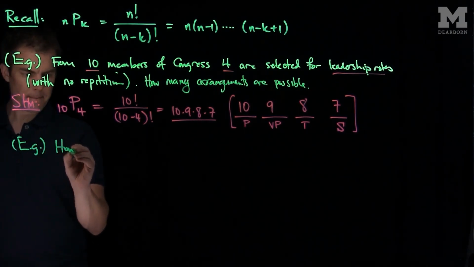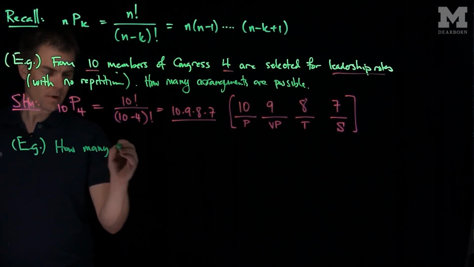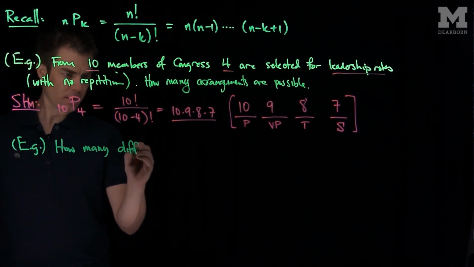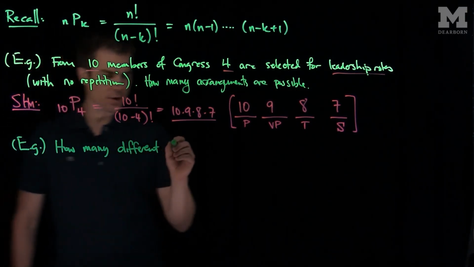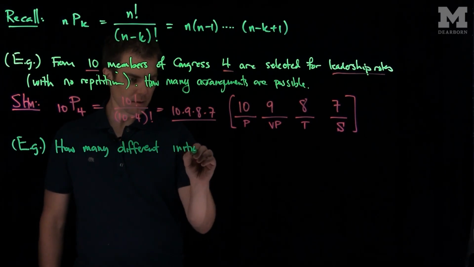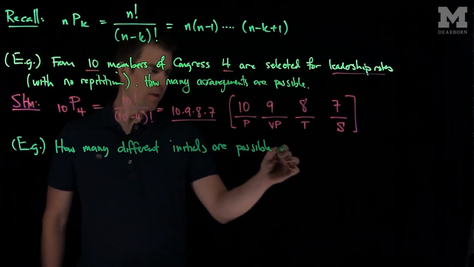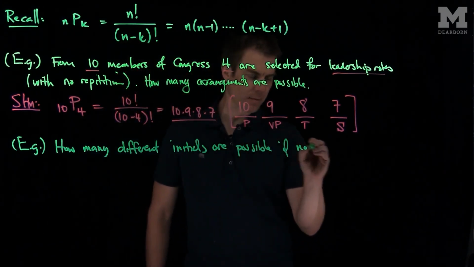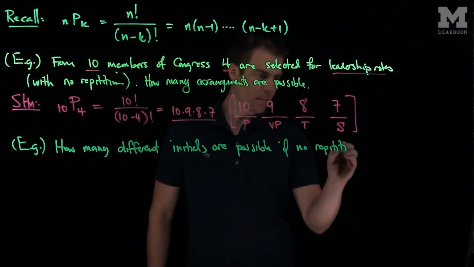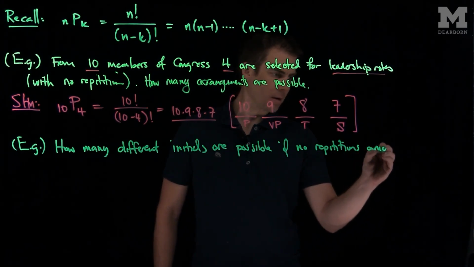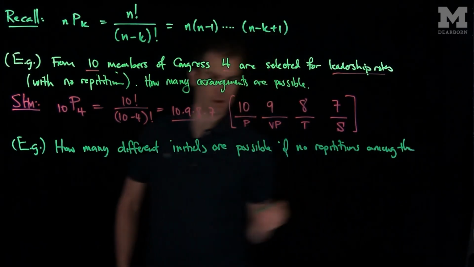How many different initials are possible if no repetitions among the letters are allowed?